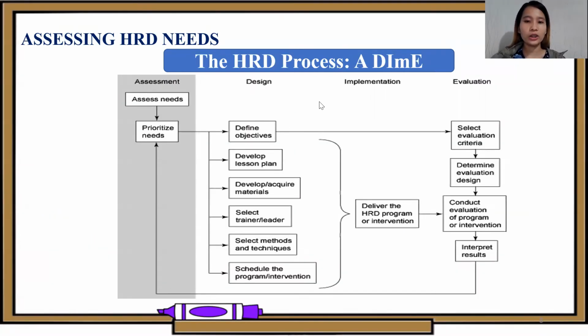Yan. So, this is the HRD process, a DEnM. So, tinawag siyang DEnM. Design, implementation yung IM, and then evaluation yung E. So, in this process, I will cite an example for the flow.